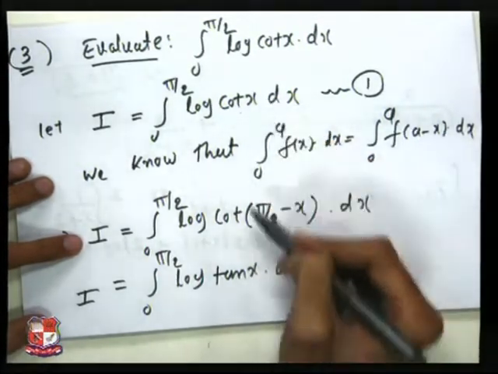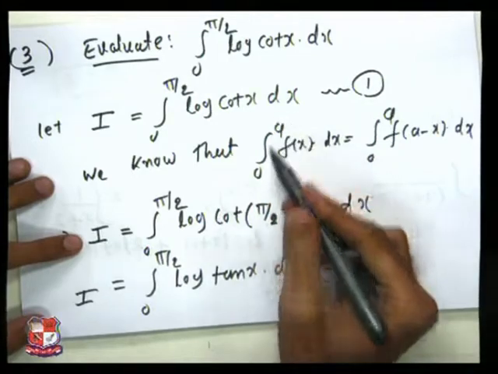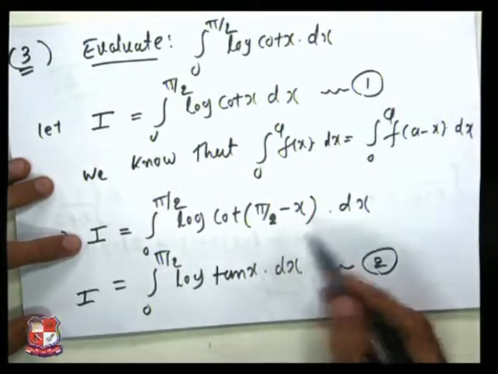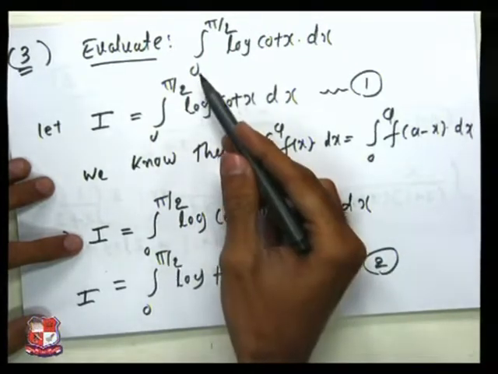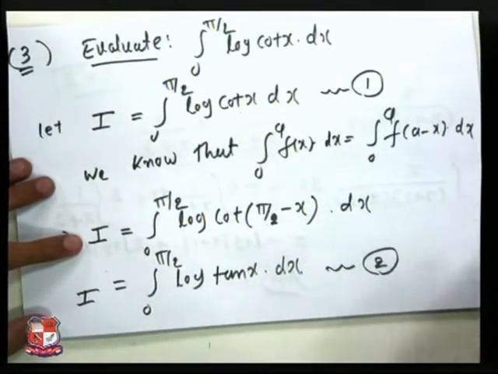If we add these two equations, then we will get I plus I, that is equal to integral 0 to pi by 2 of (log cot x plus log tan x) dx.